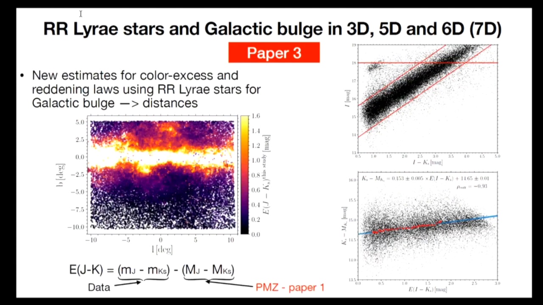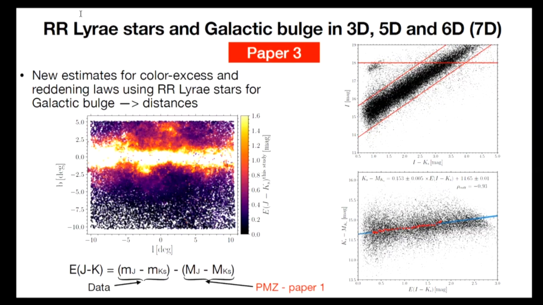For each individual RR Lyrae star in our dataset, we decided to use our own reddening maps that we derive based on the color excesses that we determined for each star. So we don't rely on any external extinction map, but I would like to compare my values. We used calibrated period luminosity relations and observed apparent magnitudes, and we have color excess for all the points that you see here.